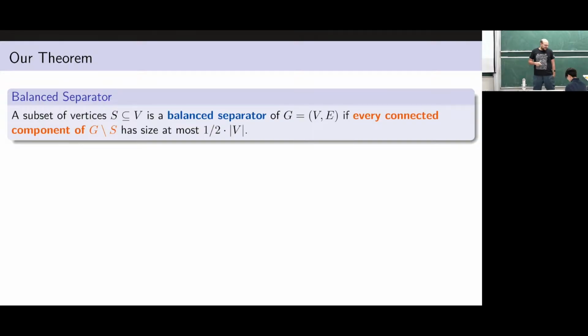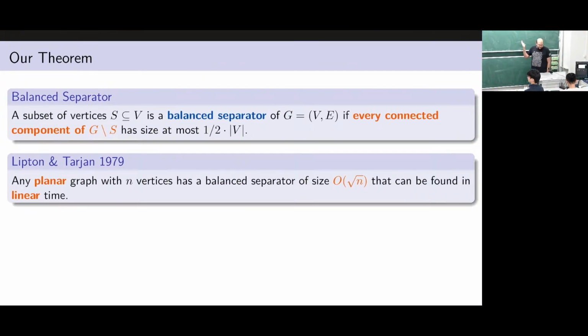So let's start by saying what a balanced separator is. You probably most of you know that. You would like to find a subset of vertices S such that all the components, if you remove that set, are small. By small, I mean at most half of the size of the original vertex set.